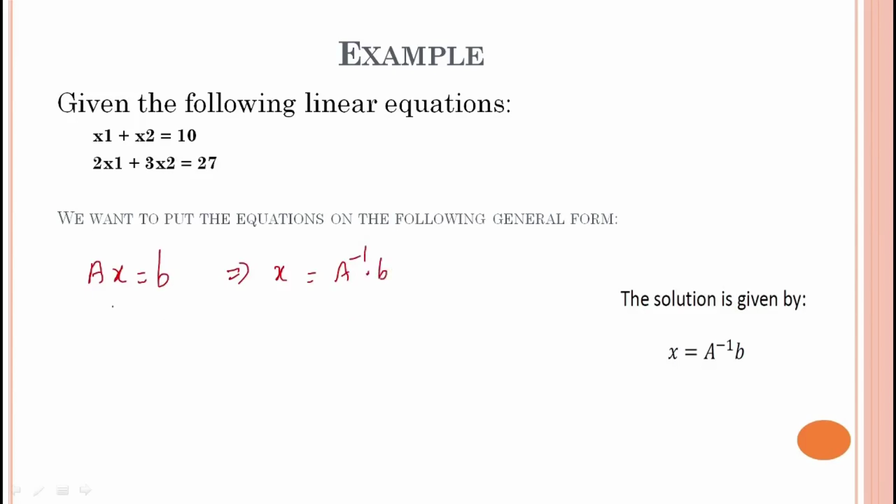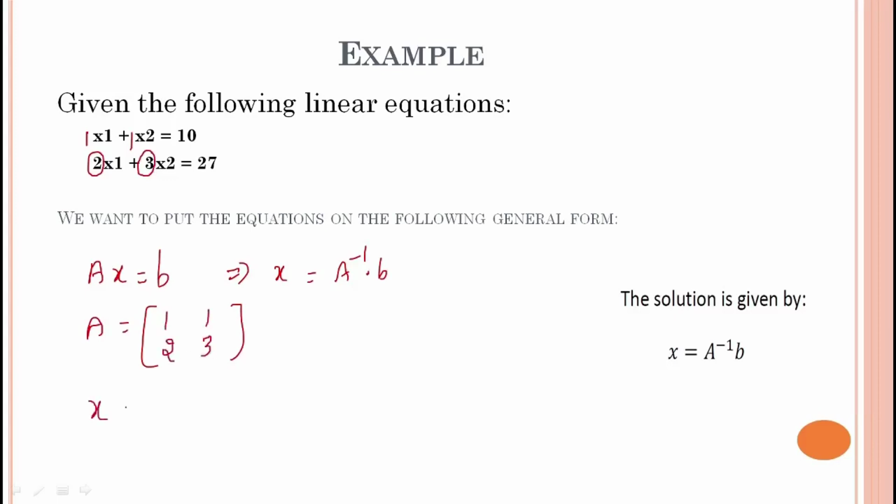What is capital A here? Capital A will clearly be the coefficients. Here the coefficient is 1, 1, here it is 2, here it is 3. So this can be written as 1, 1, 2, 3.